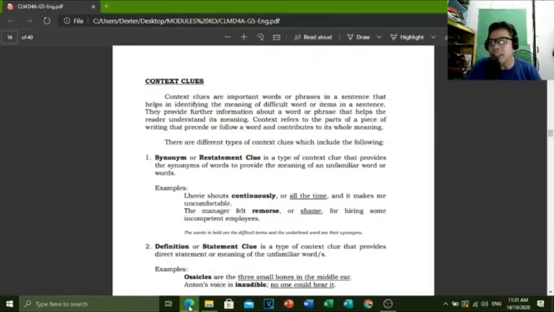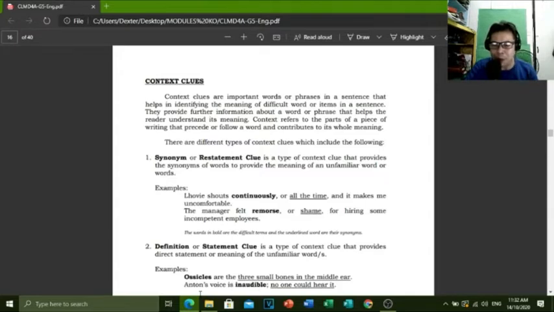So at this point, let us now discuss the different types of context clues. And what I'm showing you here right now is the part in your lesson inside your module that discusses each type. Okay, so for number 1, we have synonym or restatement clue.